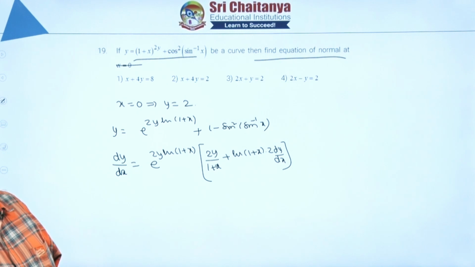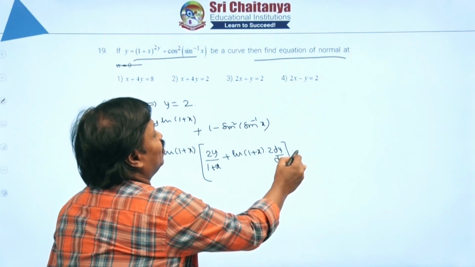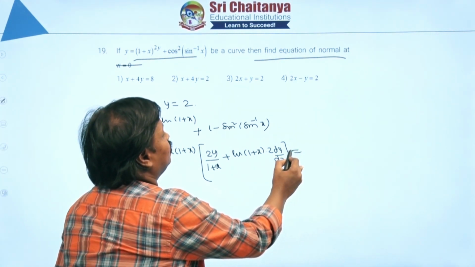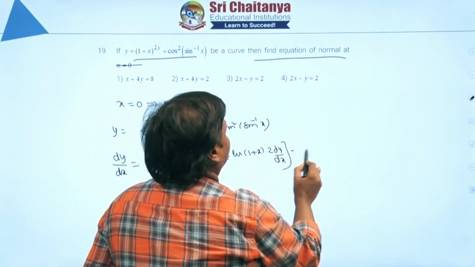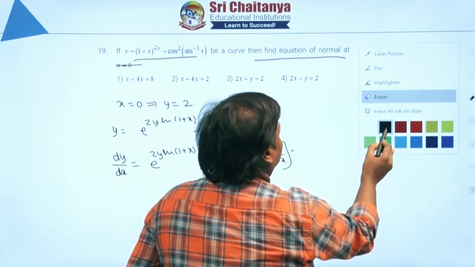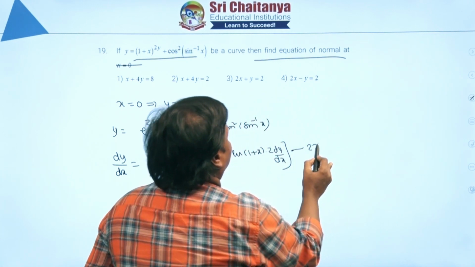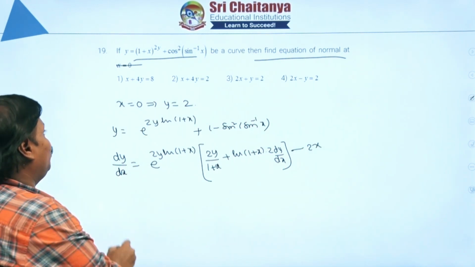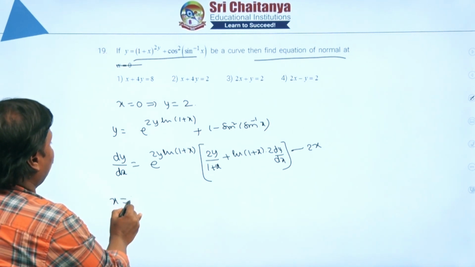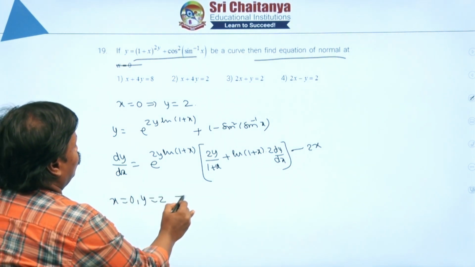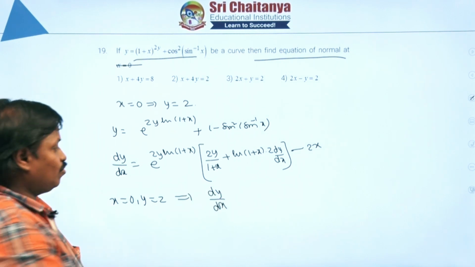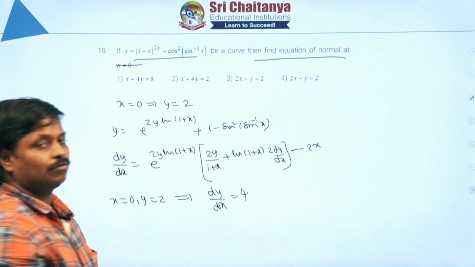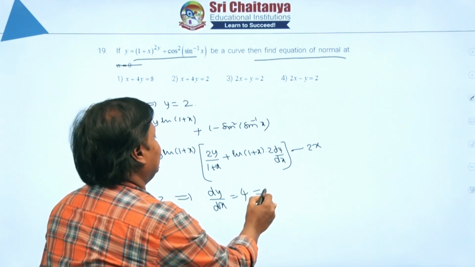The derivative of 1 minus sin square of sin inverse x is nothing but 1 minus x, derivative is nothing but minus 2x. So if you substitute x equals 0 and y equals 2, you will get dy by dx equals 4. So this is the slope of the tangent.